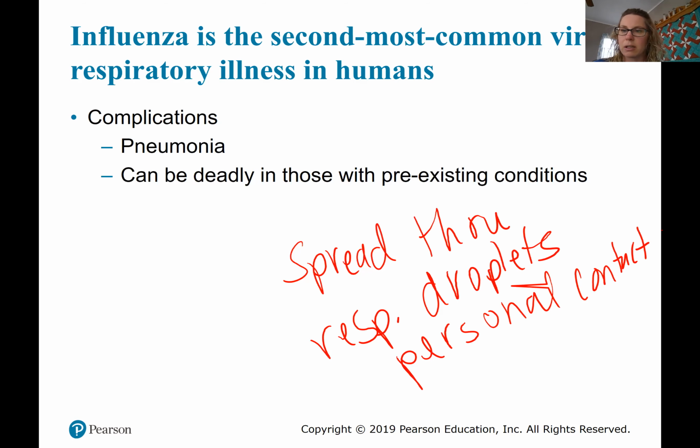Okay, kissing, those types of things, and also fomites. Do you guys remember that term? Fomites are objects like cups or doorknobs, or basically inanimate objects that can transmit viruses or any other type of pathogen. So those are the transmission ways that the influenza virus is spread person to person.